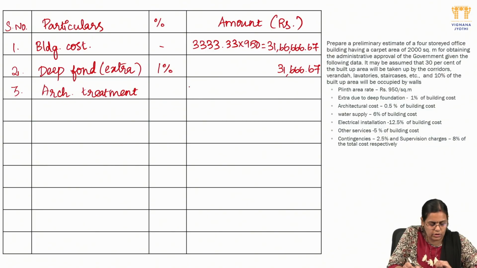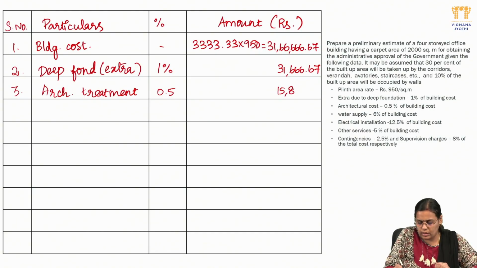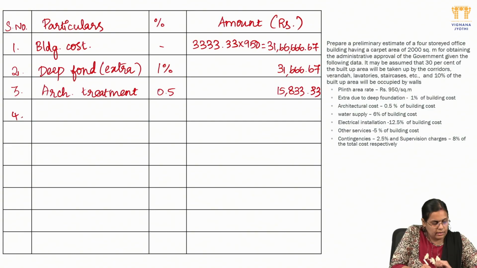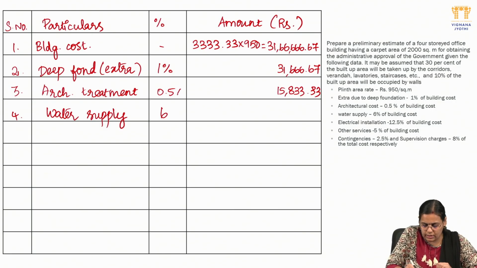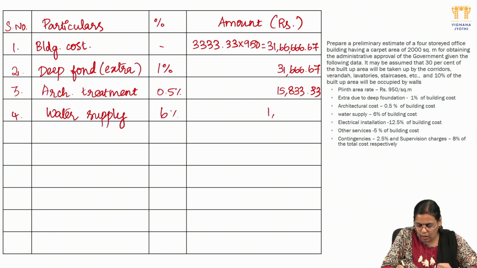So your architectural treatment is 0.5%. So 0.5% of this would be somewhere around 15,833.33. And the next one is water supply and sanitation. So water supply and sanitation is 6%. So 6% means it is somewhere around 1,90,000.